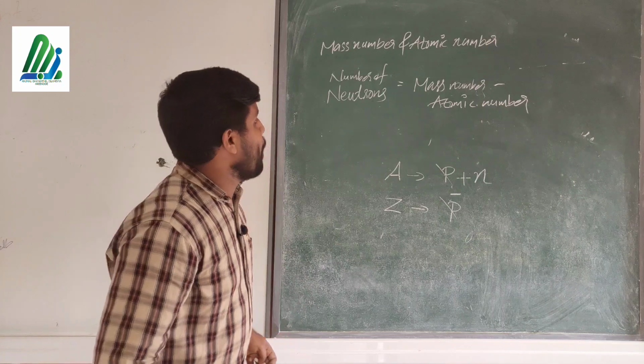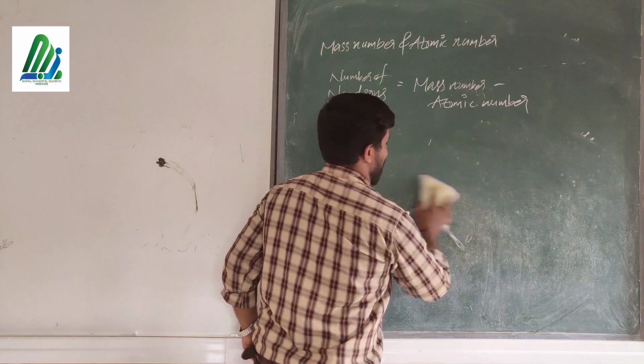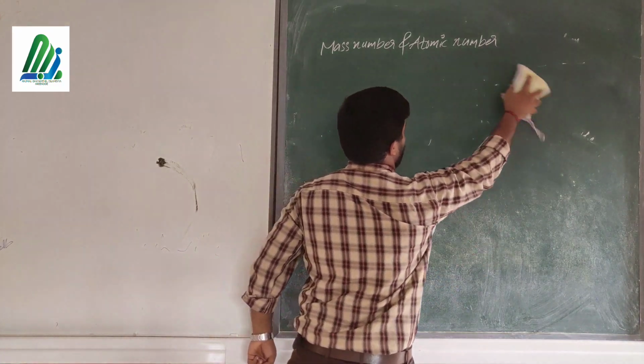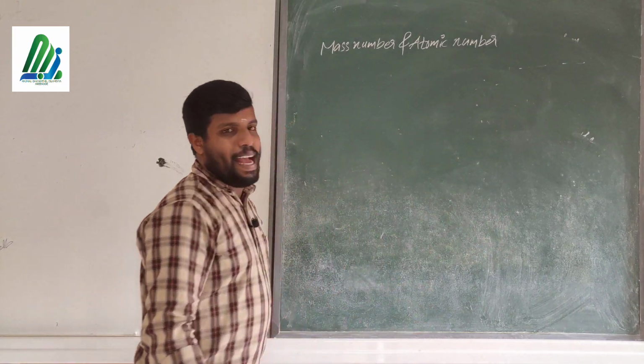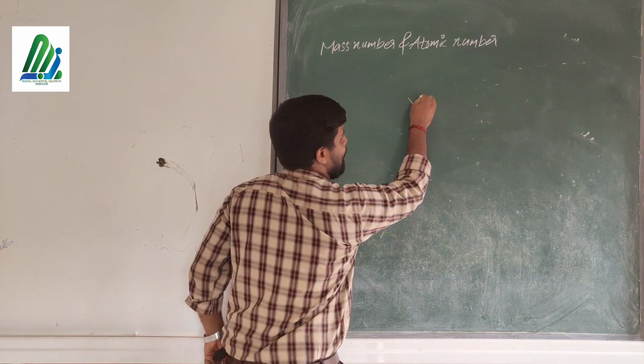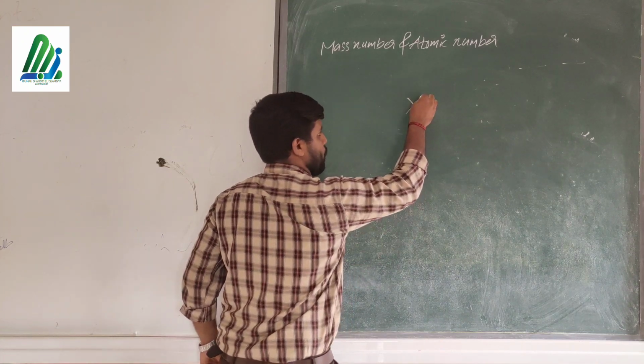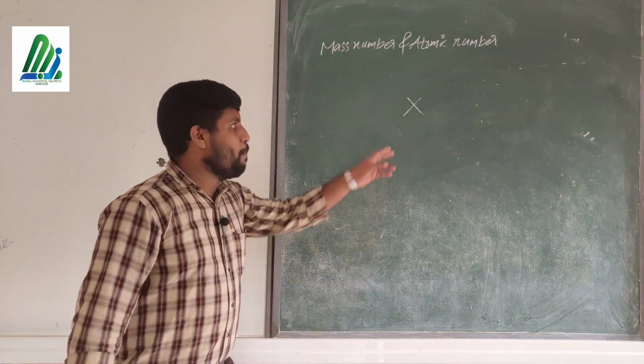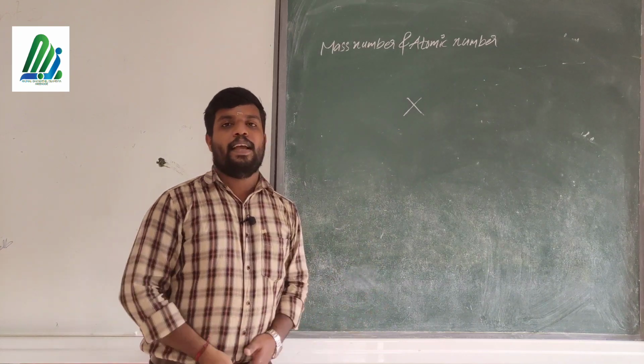Okay, then how do you represent the mass number and atomic number of an element? Consider X as an element. The symbol is not real, so X is any element.